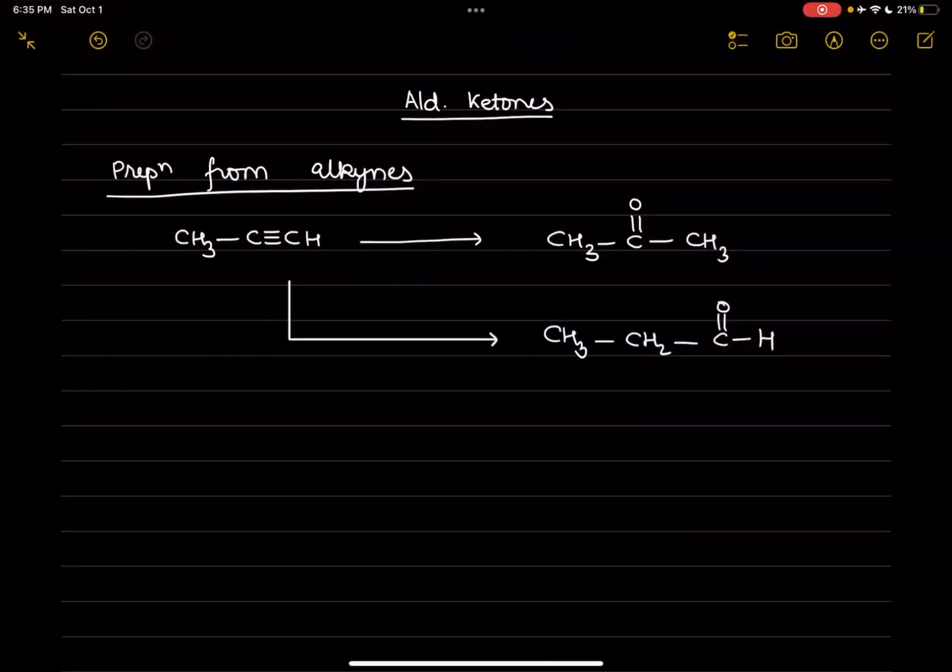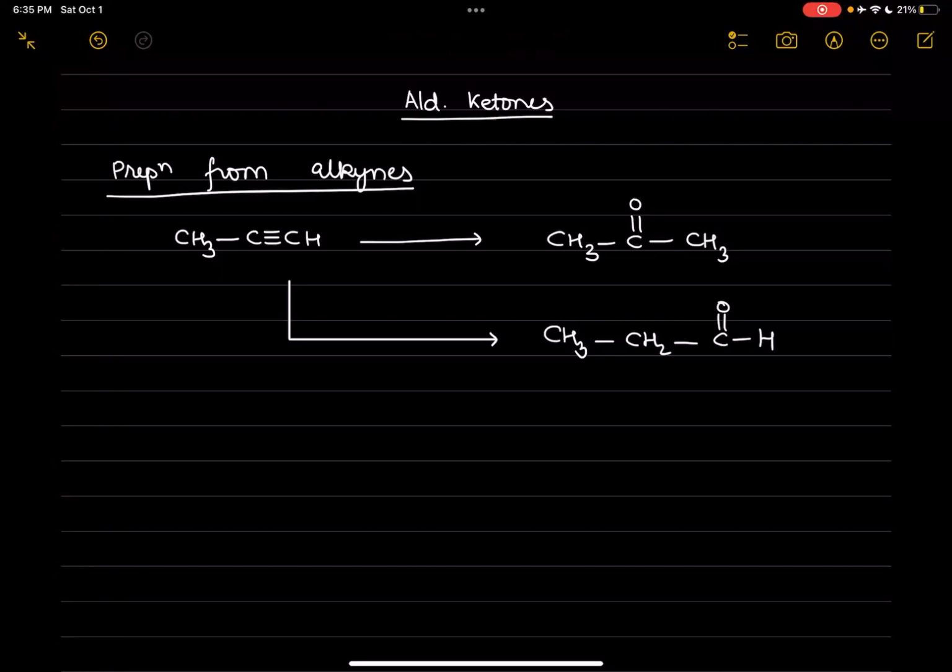Water doesn't add directly because water doesn't have a sufficient amount of H plus in it. It is neutral. So you take H2SO4, that's true, and apart from that you take HgSO4 also.